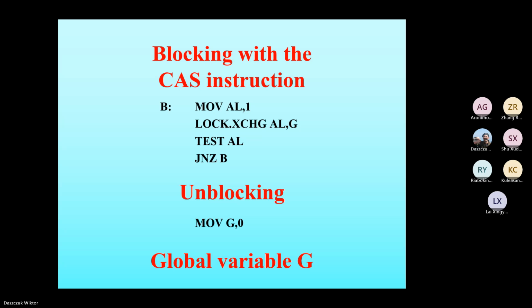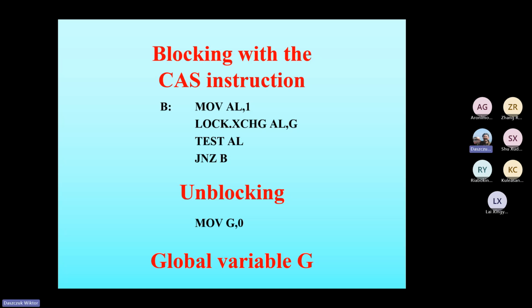I enter some value, I decided value 1, to the general purpose register AL. Then I swap the value of this register with some global variable G. And I test this value if it's 0 or not.